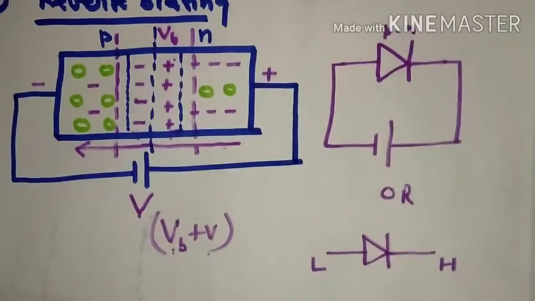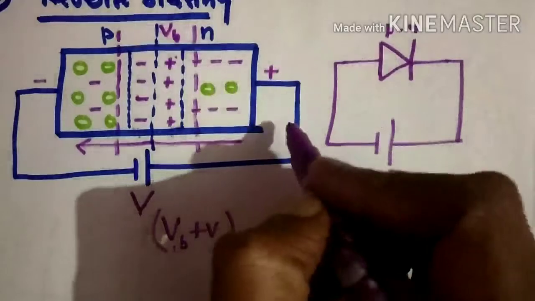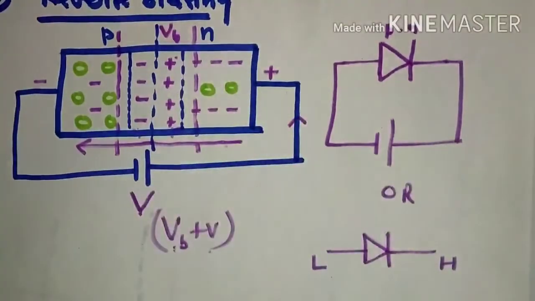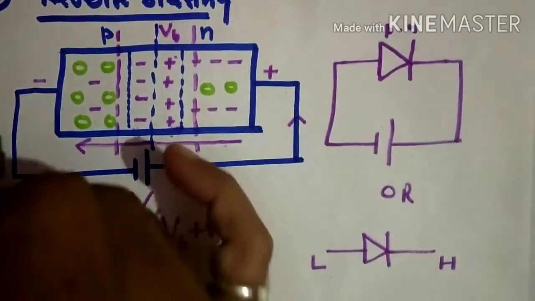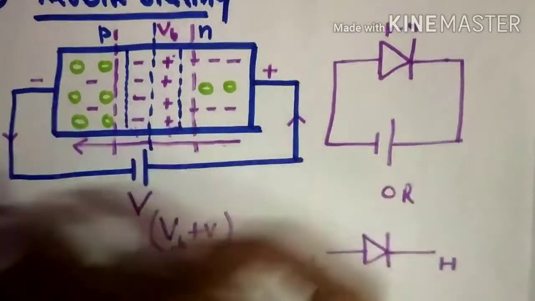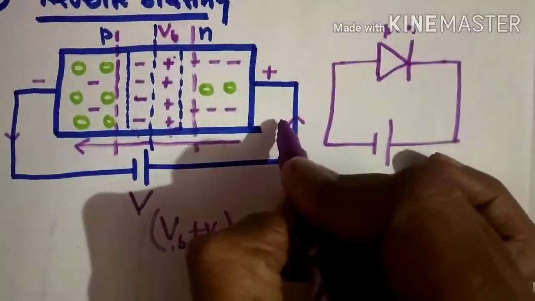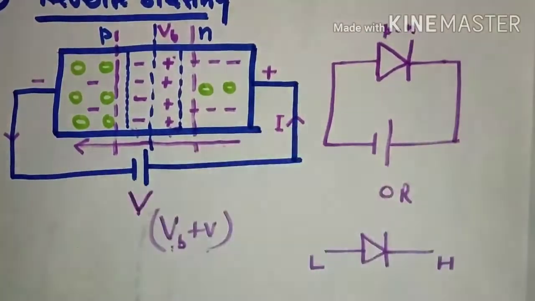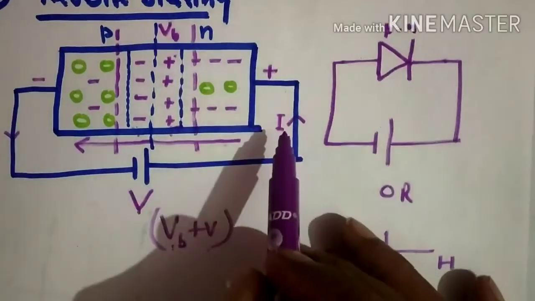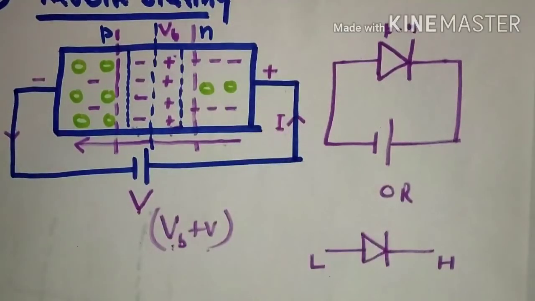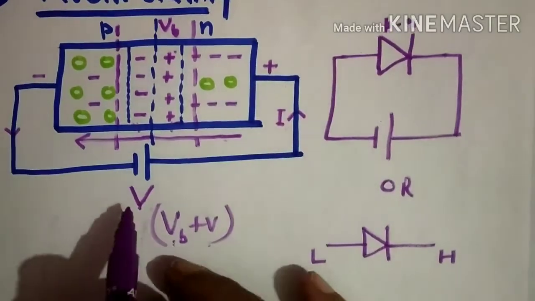So now let's see, if there is a small current, although due to the minority current carriers only, how does this value of current, that is the current due to minority current carriers, depend on the voltage?